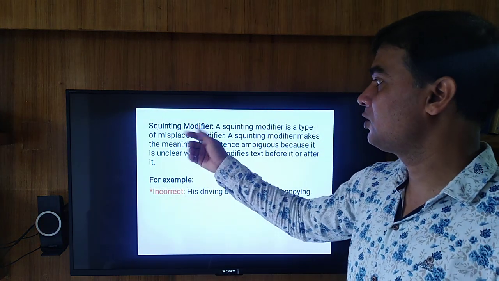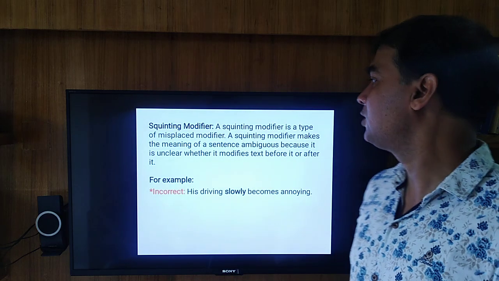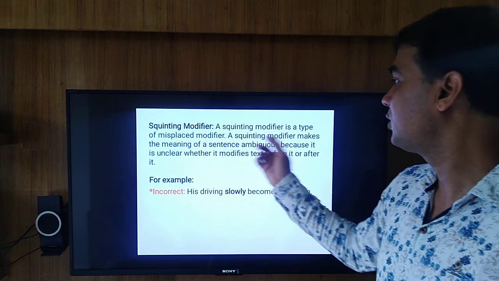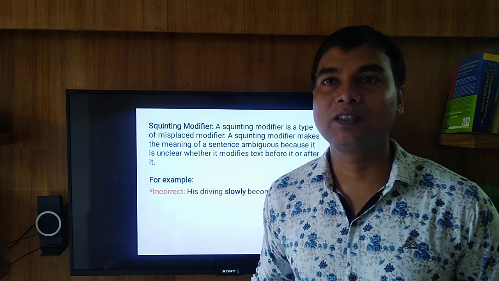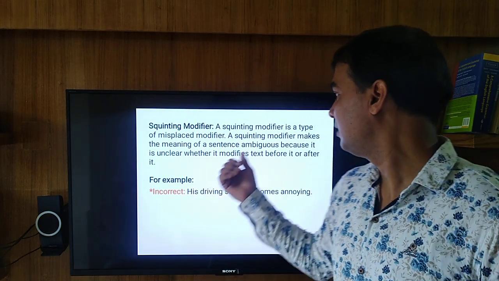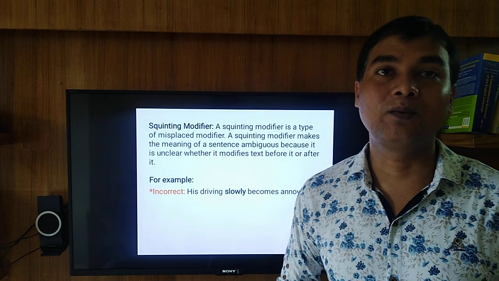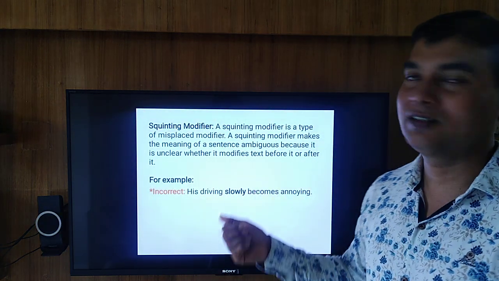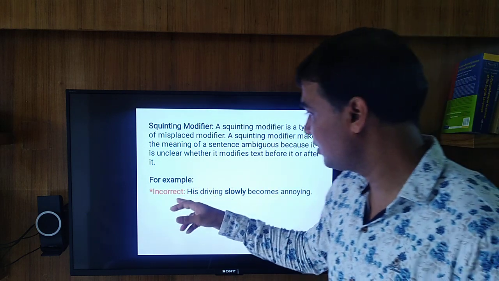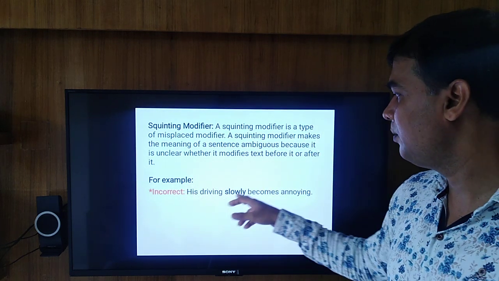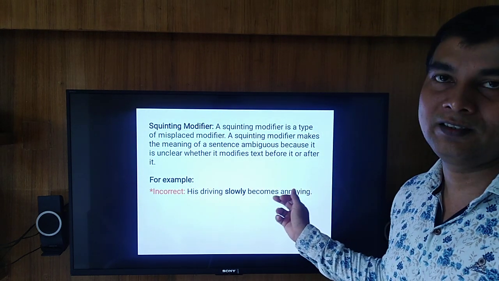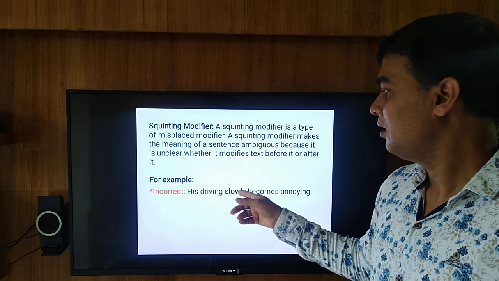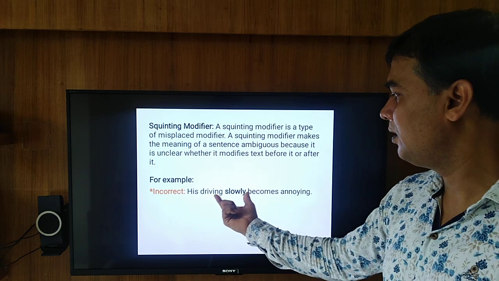Now, dear learners, squinting modifiers. A squinting modifier is a type of misplaced modifier. A squinting modifier makes the meaning of a sentence ambiguous because it is unclear whether it is modifying the text before or after it. For example, you see, his driving slowly becomes annoying. In this sentence, the modifier slowly is in between driving and becomes.